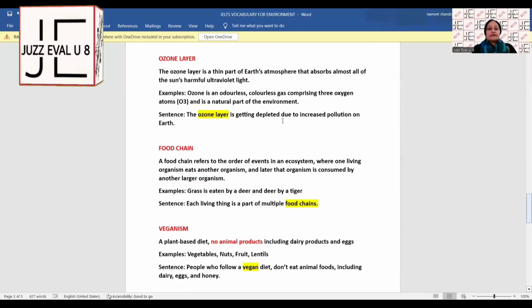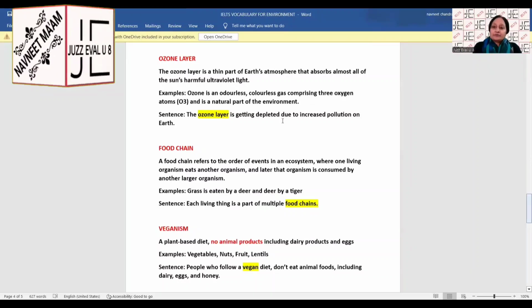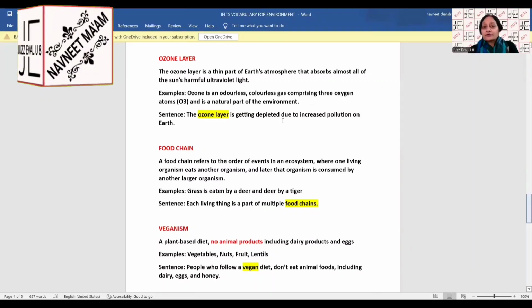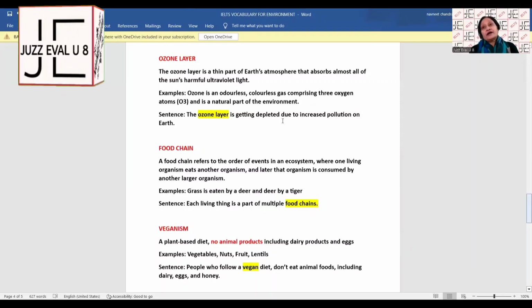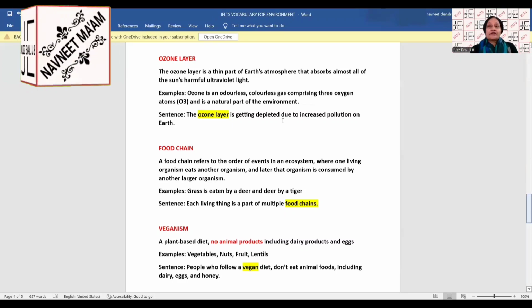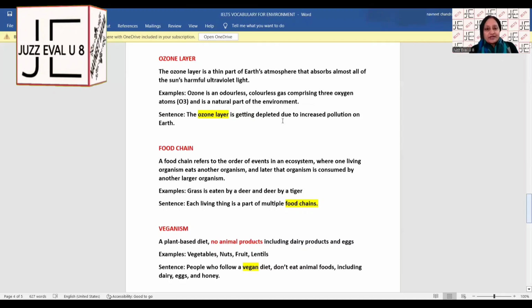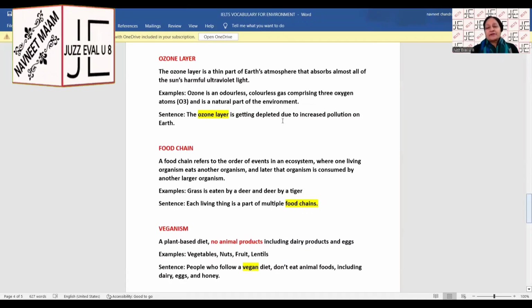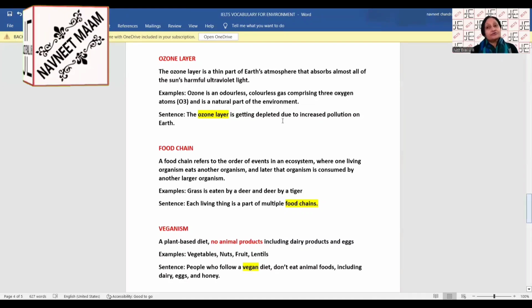Ozone layer is a part of Earth's atmosphere that absorbs almost all of the sun's harmful ultraviolet light. But what is happening these days is that the ozone layer is becoming thinner and thinner due to pollution.